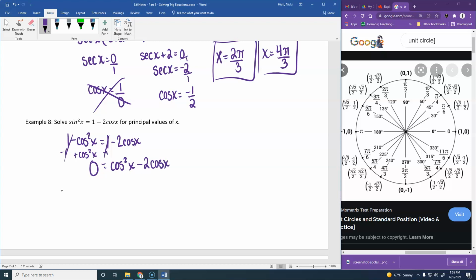And now we're back to something that we can do. Factor out a cosine. So we get cosine x equals 0 and cosine x equals 2. Where does cosine equal 2?